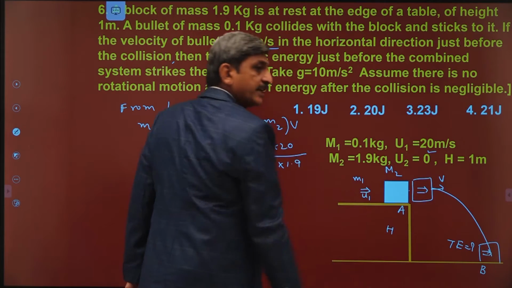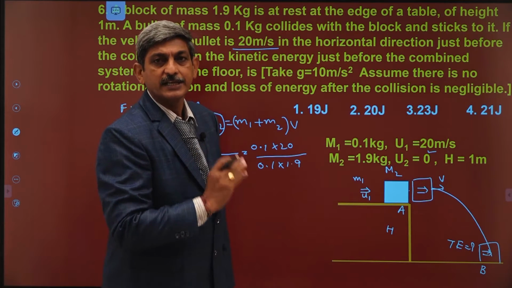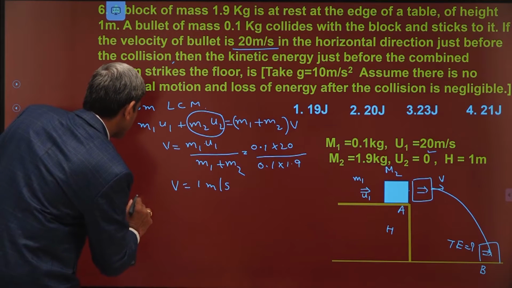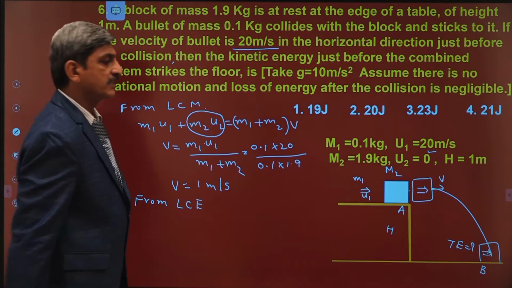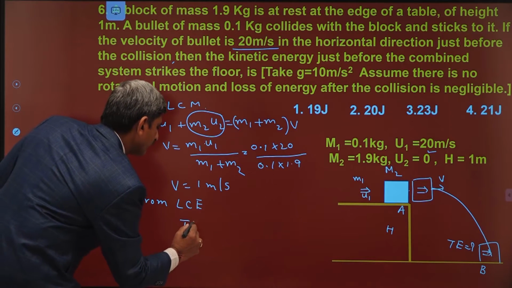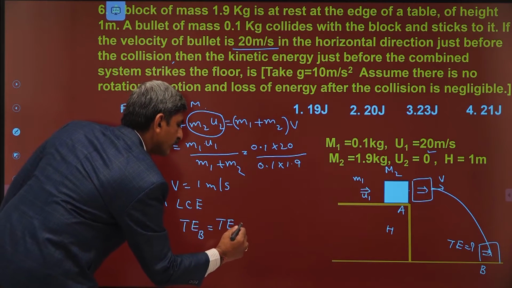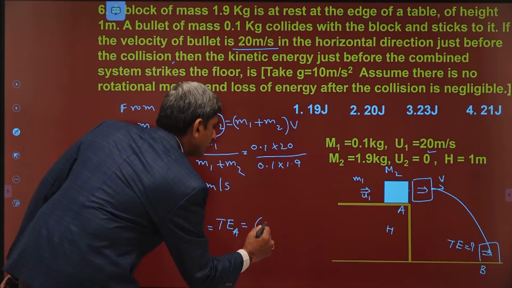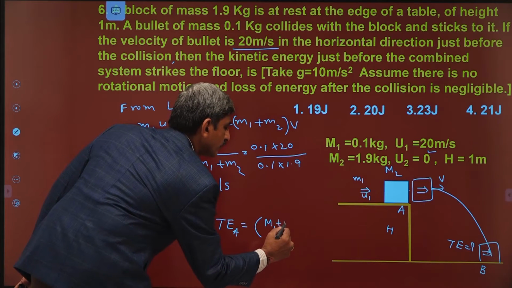It is initially at a certain height h, so that at this point A, it has both potential energy and kinetic energy. Now, by applying the law of conservation of energy, we can say that the total energy at point B is equal to the total energy at point A. So we know that at point A, the body has both potential energy and kinetic energy. That's why potential energy is mgh. Here the mass of the system is equal to m1 plus m2.